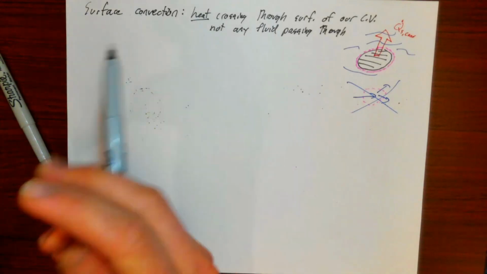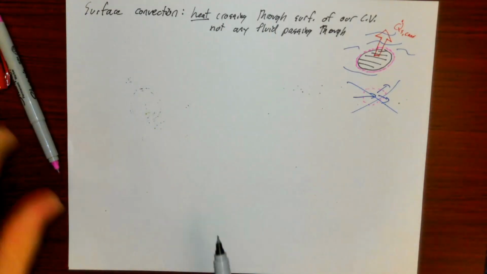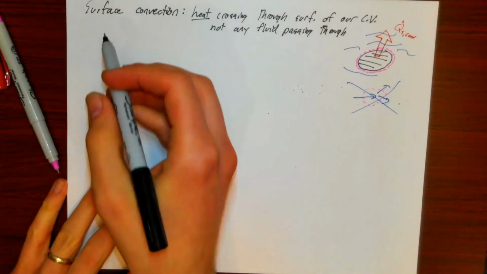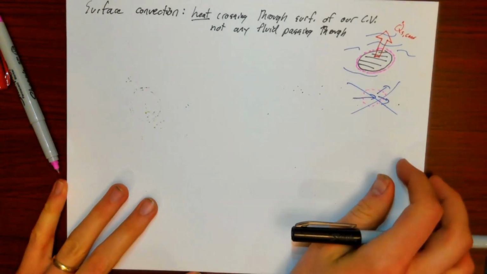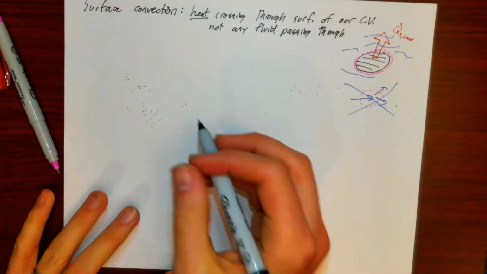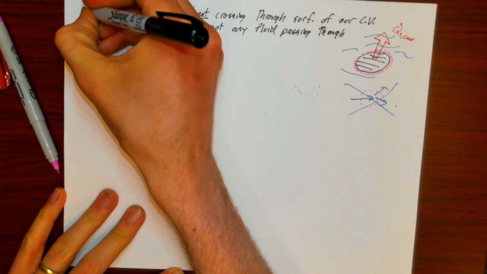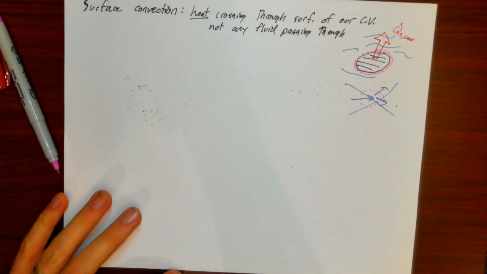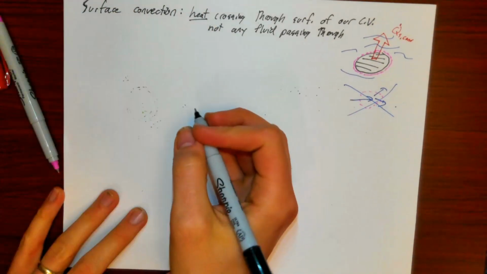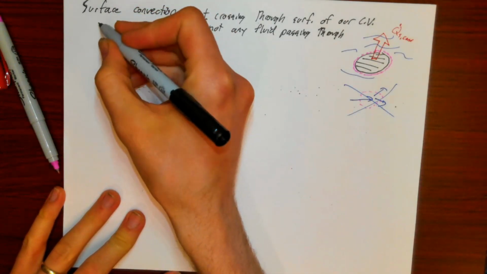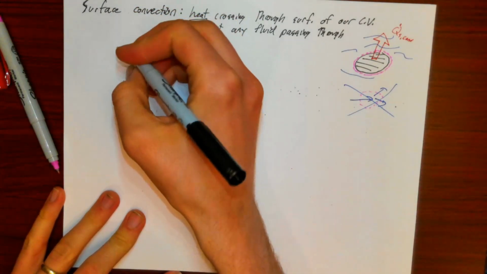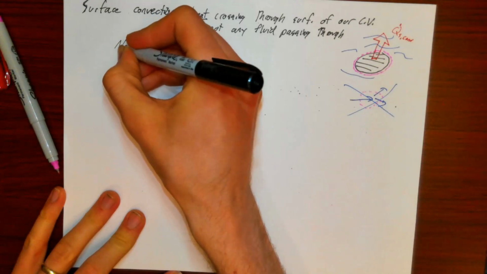So when we're talking about surface convection, we're going to break this discussion down into a couple of topics. So first, understanding this process qualitatively is nice. We're engineers and we like to put equations to things. So the main equation that we'll use for modeling surface convection is Newton's law of cooling.